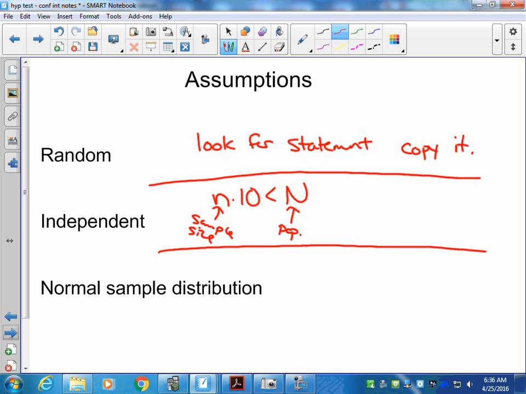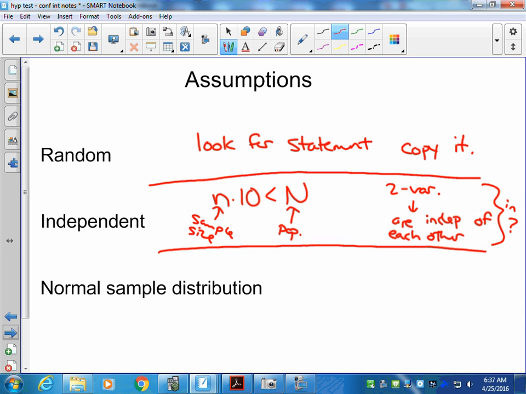And then if it is 2 variable, you have to say that those variables are independent of each other. That should also be stated in the question. So you want to find that piece that talks about the two samples being independent of each other, or when you're looking at the situation, if it's night shift, day shift, the two shifts are independent of each other. One shift doesn't affect the other shift overall.